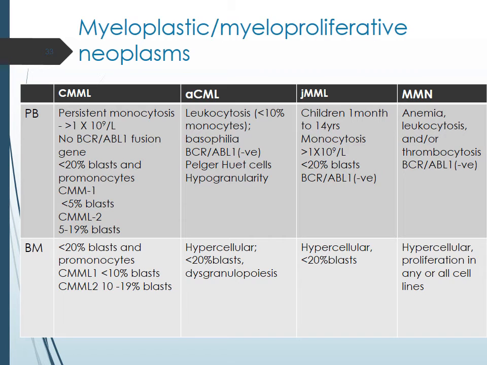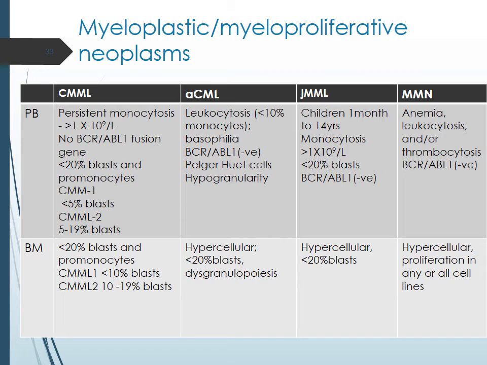In these cases you will also see the Pelger-Huët-like cells. The Pelger-Huët-like cells show hypogranularity and bizarre segmentation. Dysplasia is seen in all cell lines. Patients with aCML have a poor prognosis when they progress to AML.